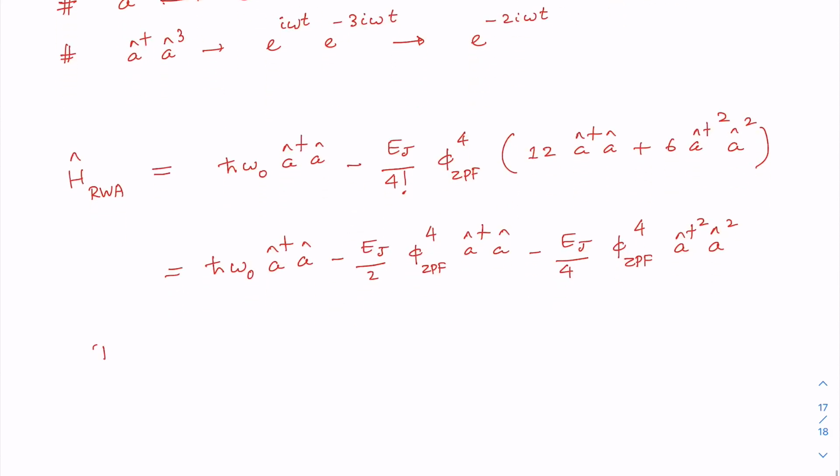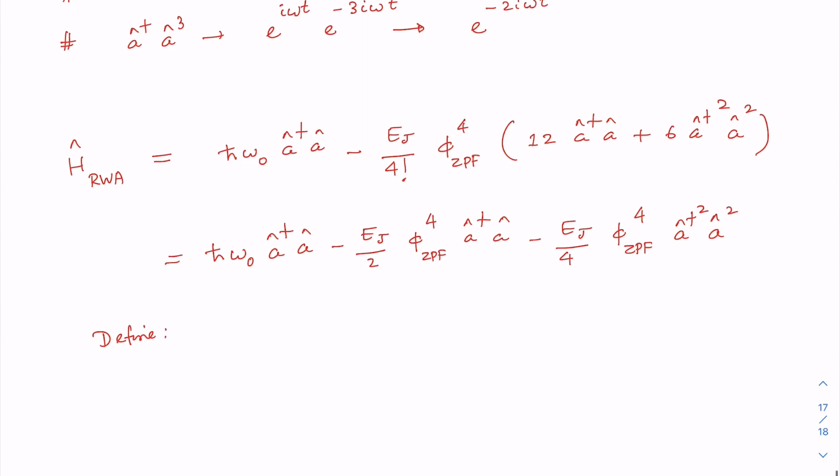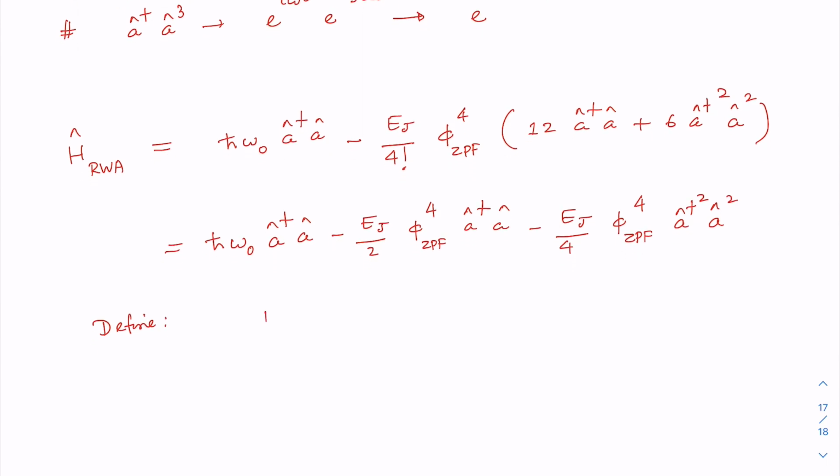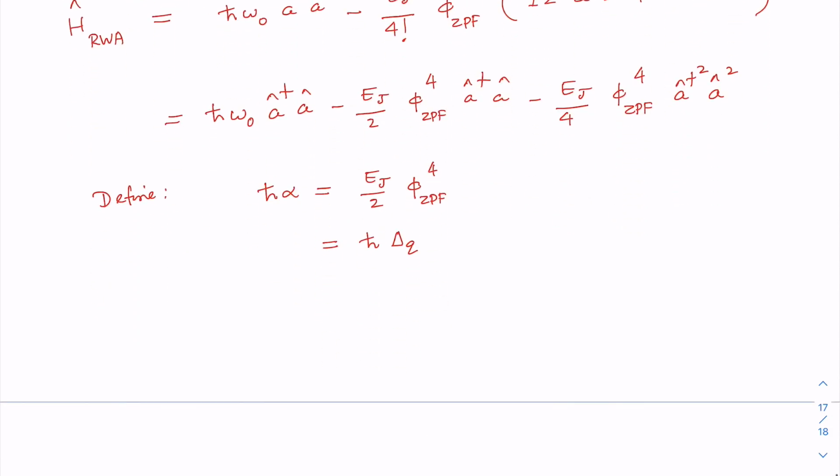Now if we define certain quantities, we can write the transmon Hamiltonian in a very simplified form. If we define, say, h cross alpha is equal to Ej by 2 phi ZPF to the power 4, which I can also equate to a term h cross delta q, its significance will be clear to you soon.